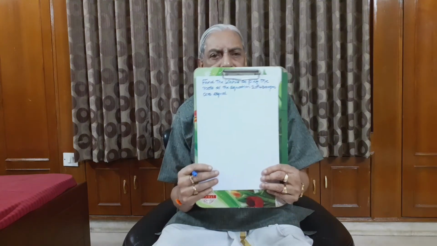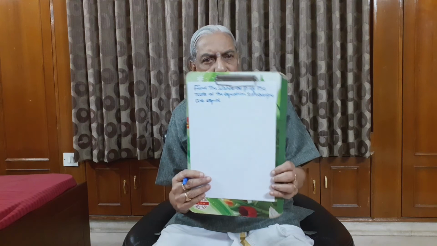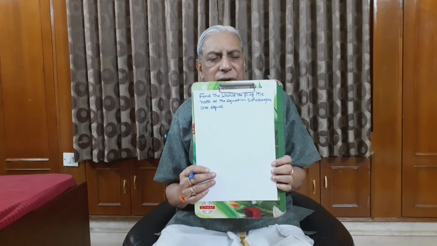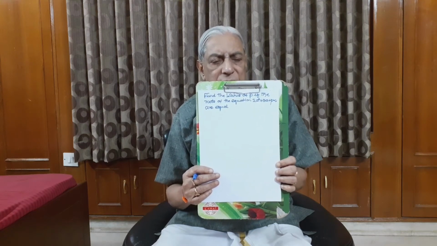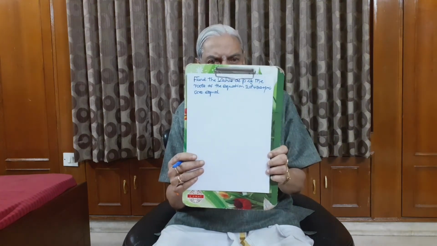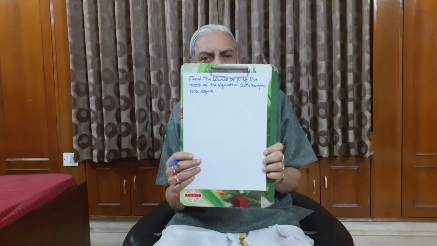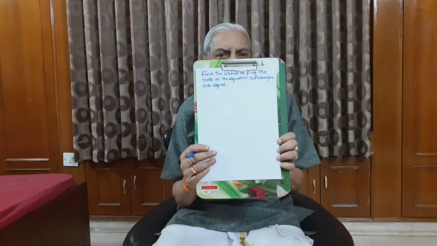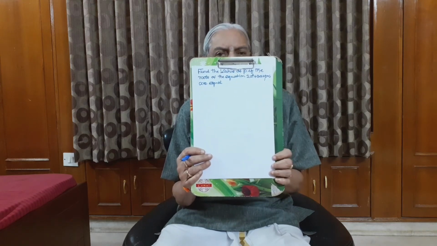Yes sir, write down the equation. Find the value of p. I repeat, find the value of p if the roots of the equation 2a squared plus 3a plus p equals 0 are equal. Look, p is there. In our first problem I had left out p, and I took the correction.